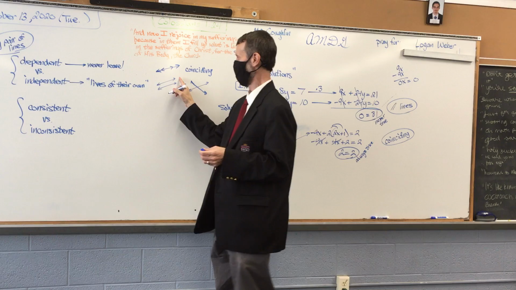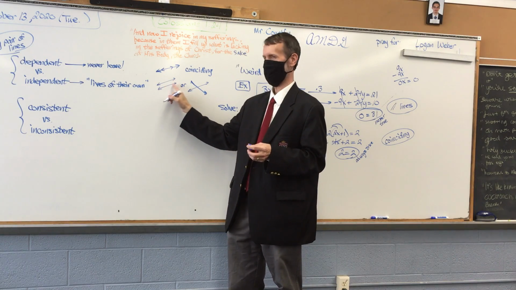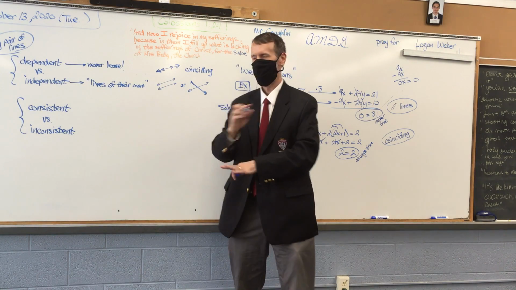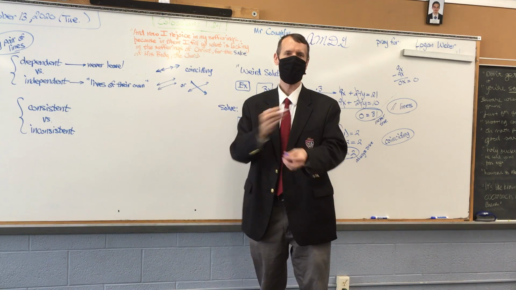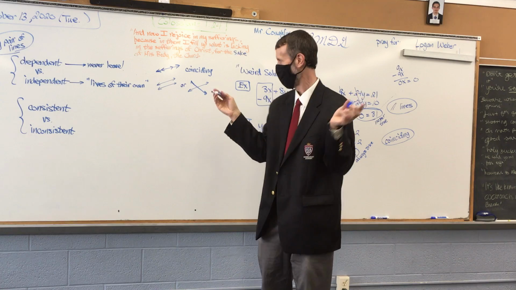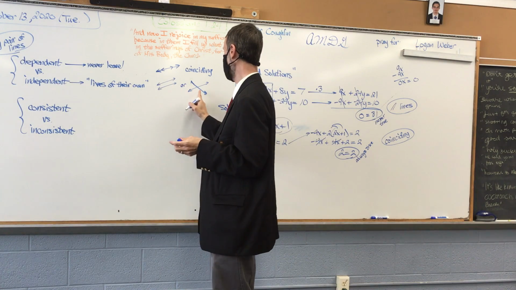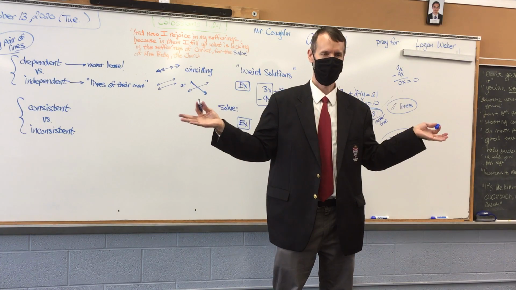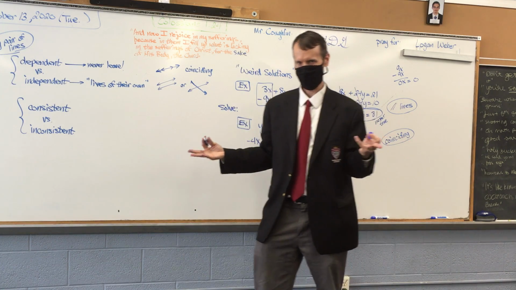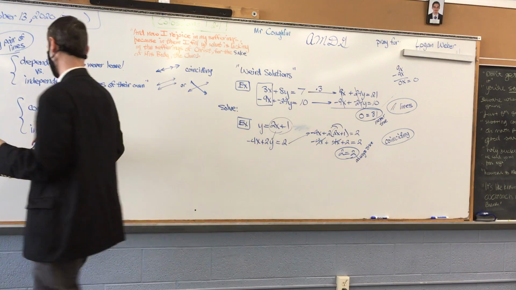Here, I never want to see you, I don't want to see you either. Parallel. Here they say, hey, let's meet up for coffee. Great. So they meet up once, then they go their separate ways. So either parallel or regular intersecting. In other words, they can go wherever they want. They can meet up, they cannot meet up, it's up to them. That's independent. Does that kind of make sense?